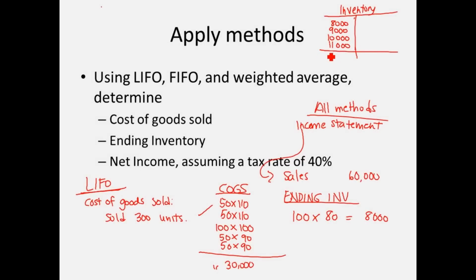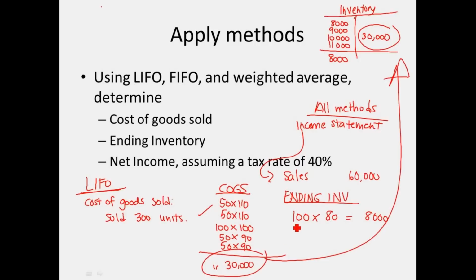And now I'm telling you, I have 8,000 left. What must my cost of goods sold be in order for me to get from 38 to 8? Okay, so these are the same.